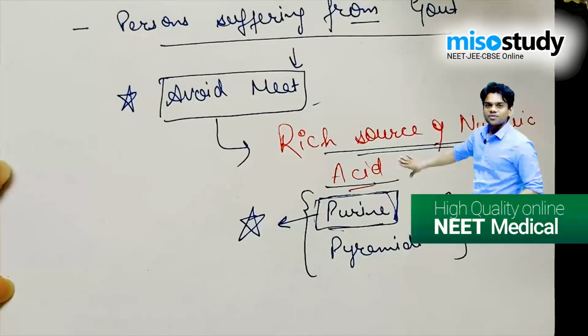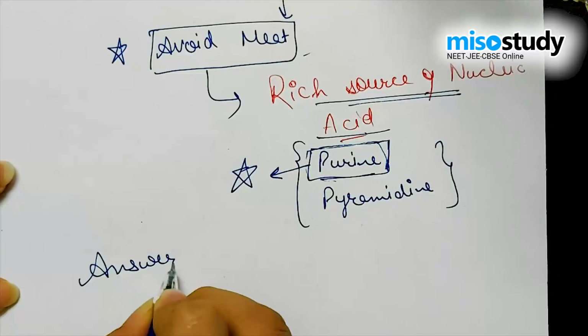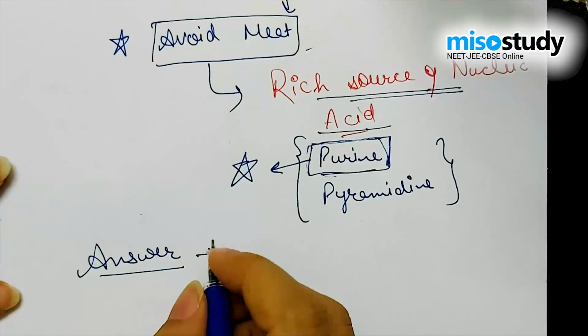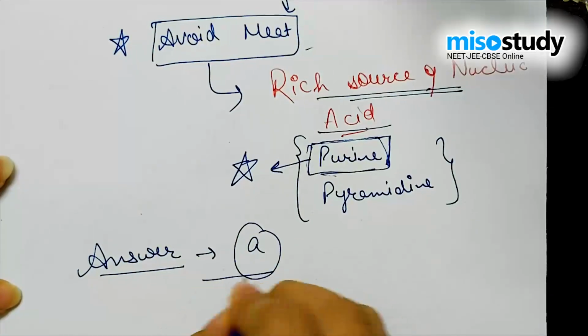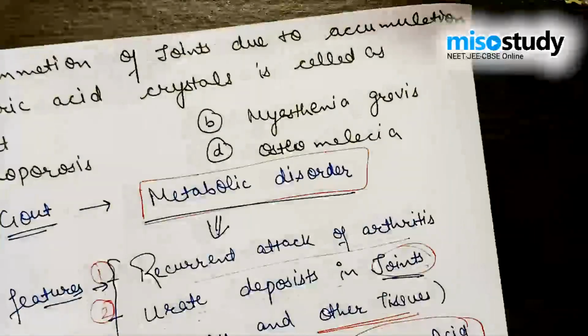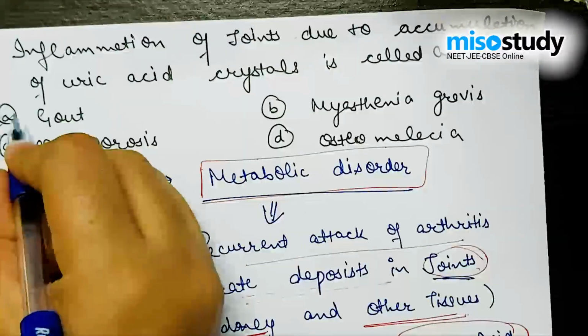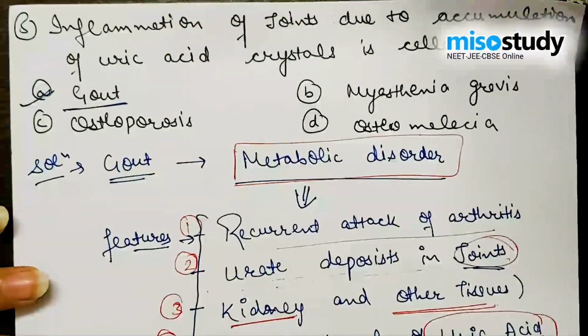So this is all about the given question. The right answer is option A. Let's mark the right one, that is option A. Gout is the right one in this case.